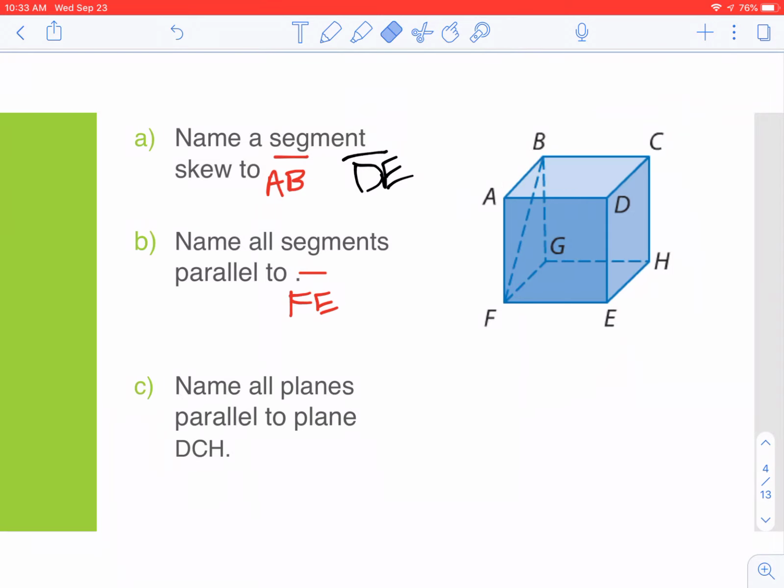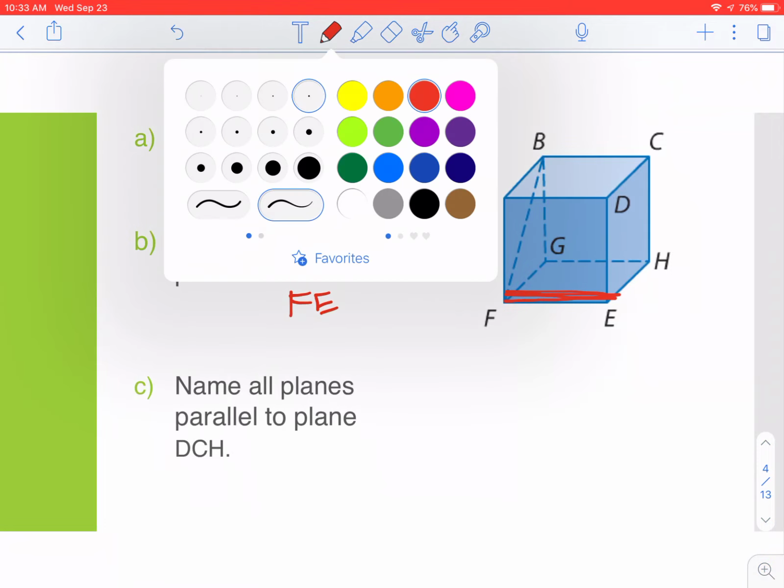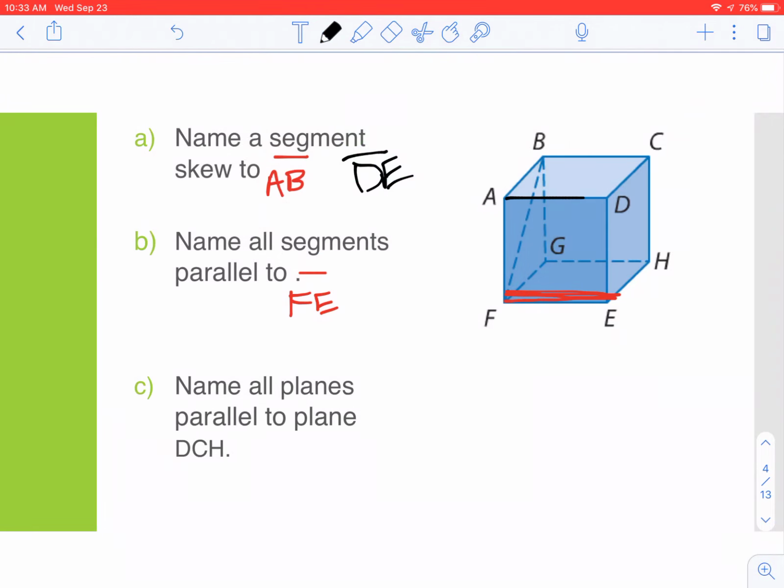Okay, next question. Name all segments parallel to FE. Here's FE. Anything that is parallel to FE, that is in the same plane and two lines that don't cross. We have AD is parallel. We have GH.